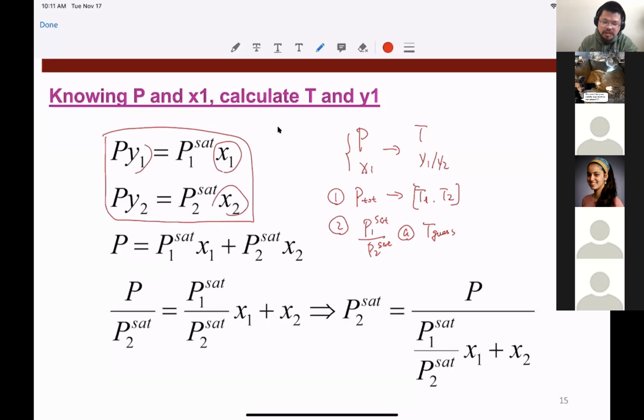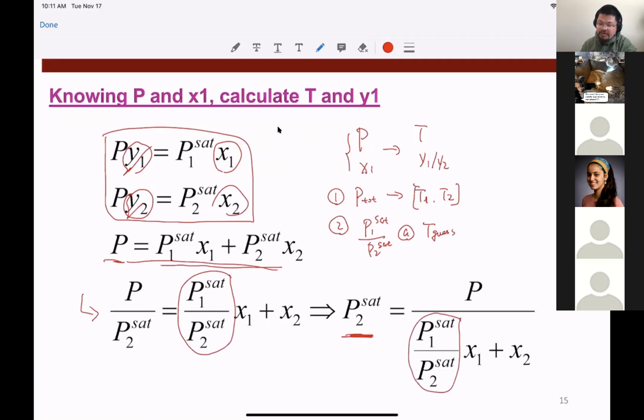So here we try to somehow get rid of y1 and y2, and that's how we add up the two equations on both sides. Now you can see that we get rid of y1, y2. And from that equation, we try to reorganize. Still, we want to manipulate the ratio of P1 sat and P2 sat. So over there, for example, we try to express this P2 sat as a ratio of the P1 sat and P2 sat, very similar to what we did a minute ago.